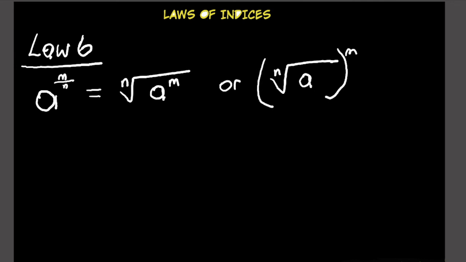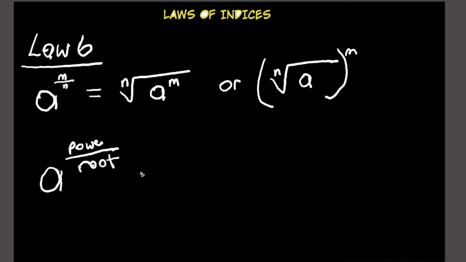The 6th and final law of indices. If we had a base being raised to a fractional power, it simply means that the denominator would be the root and the numerator would be the power. So you're basically raising a, which is a base, to the power m over n.